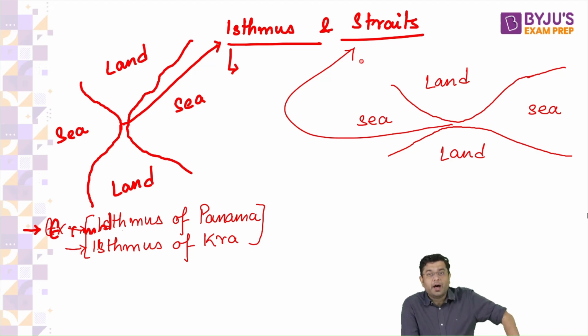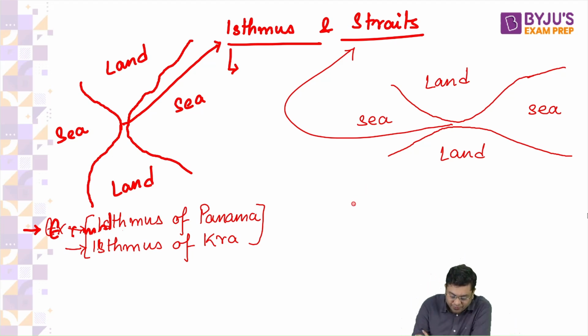And you have the narrow water body which connects them. So this is what is referred to as a strait. It is a narrow water channel which ends up connecting two larger water bodies, right? So Strait of Malacca, Strait of Gibraltar, then you have Strait of Hormuz, then you have the Palk Strait in our case as well. So these are your straits.